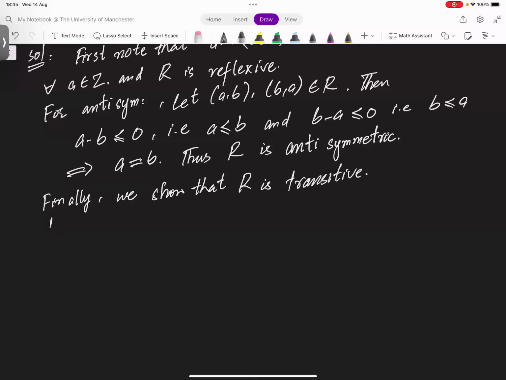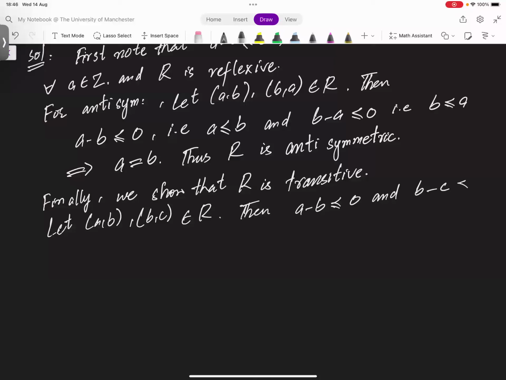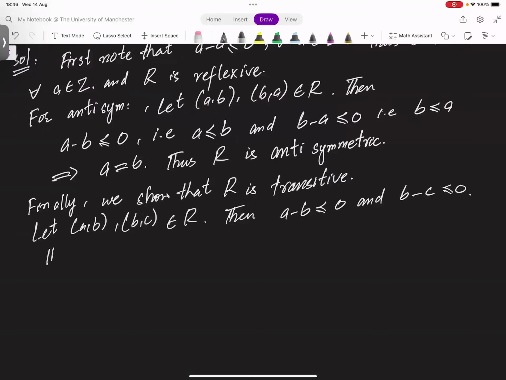To show that, let (a, b) and (b, c) be in R. Then a minus b is less than or equal to 0 and b minus c is less than or equal to 0. Thus, a is less than or equal to b and b is less than or equal to c.